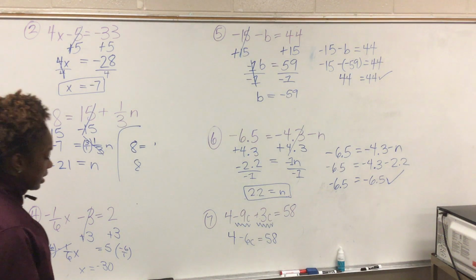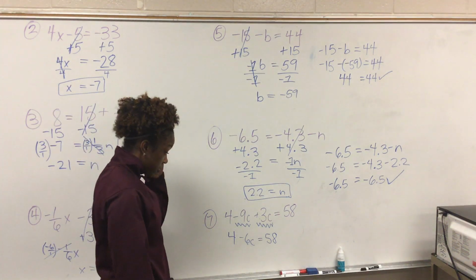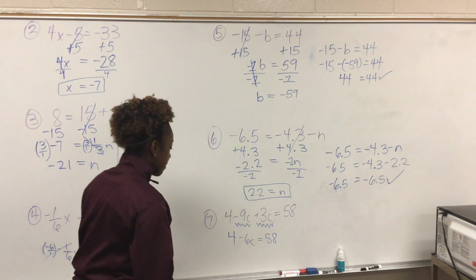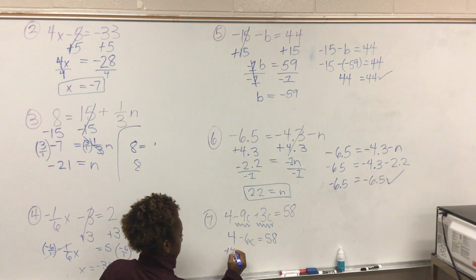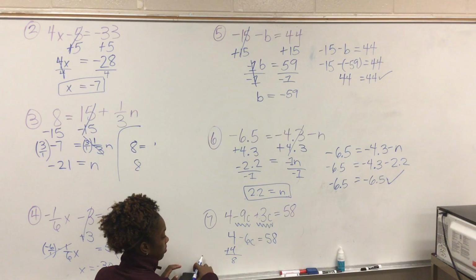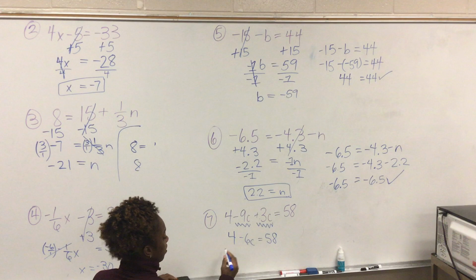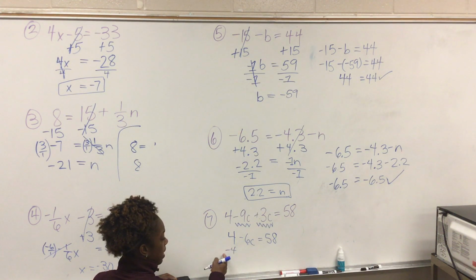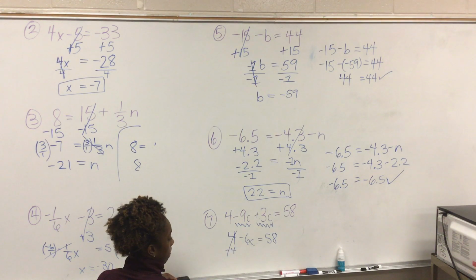Alright? Now, here, 4 is on the outside, right? Which means if we add 4, it's going to give us 8. So we cannot add 4. We need to subtract 4 so we can get a 0 pair. So that's 4 minus 4, which will give us 0.